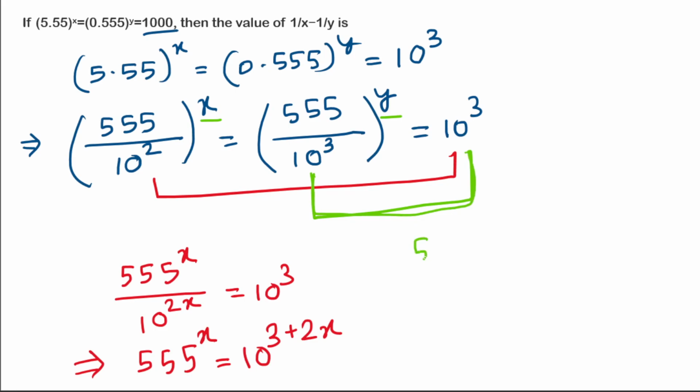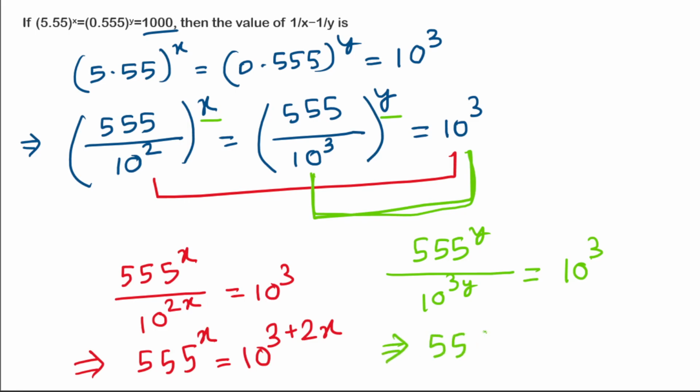What is this? This is saying that 555 to the power y by 10 to the power 3y is going to be equal to 10 to the power 3. Now we can write in the similar fashion that 555 to the power y is going to be 10 to the power 3 plus 3y.